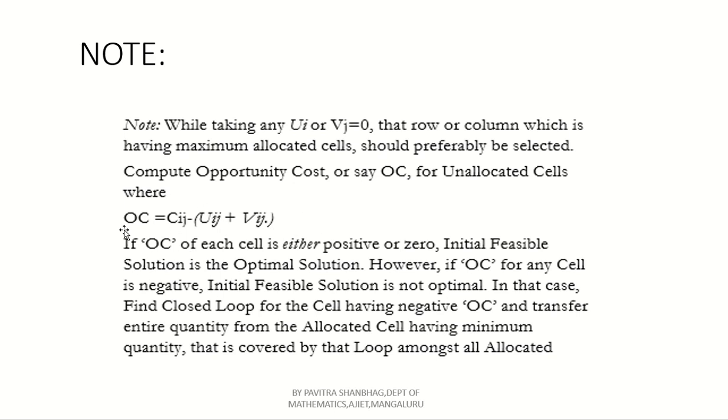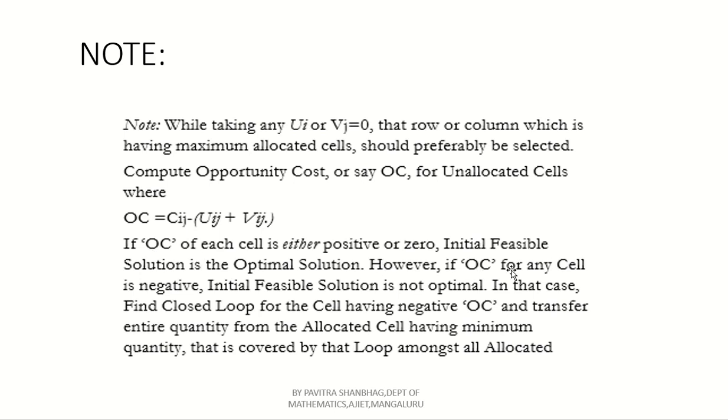Okay, if the OC of each cell is either positive or 0, the initial feasible solution is the optimal solution. Suppose the computed value of Cij minus (Ui plus Vj) is 0 or positive, then we can say the initial feasible solution is optimal.